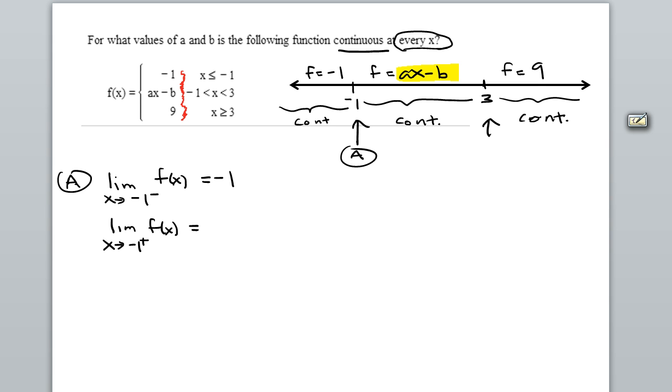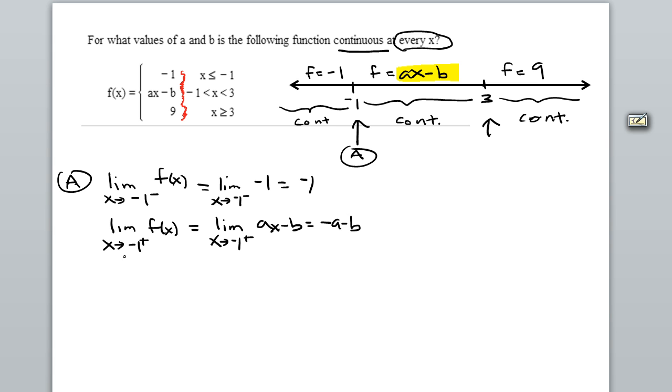So it equals the limit as x goes to -1 from the left of the function -1, which is -1. Here it equals the limit as x goes towards -1 from the right of the function ax minus b, so we plug in a -1 for x. And what we get out is negative a minus b.